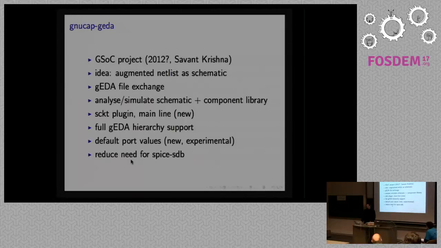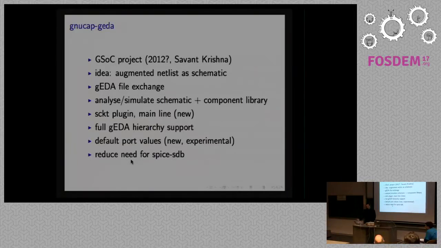And I wanted simulation from this and added some more conceptual algorithms to immediately simulate from GDA schematics without intermediate steps. This is now in the mainline as a plugin.